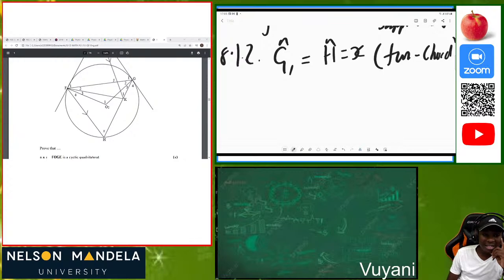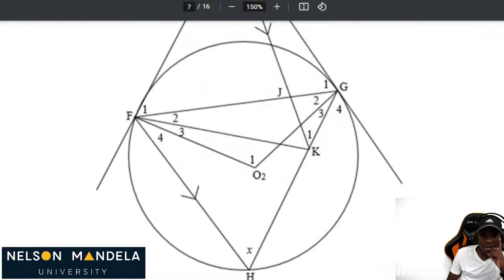So we are seeing that angle G1 here. This is G1 and GF. GF here is a chord, and it subtends angle H, which is X. So we can see those two are equal to each other.